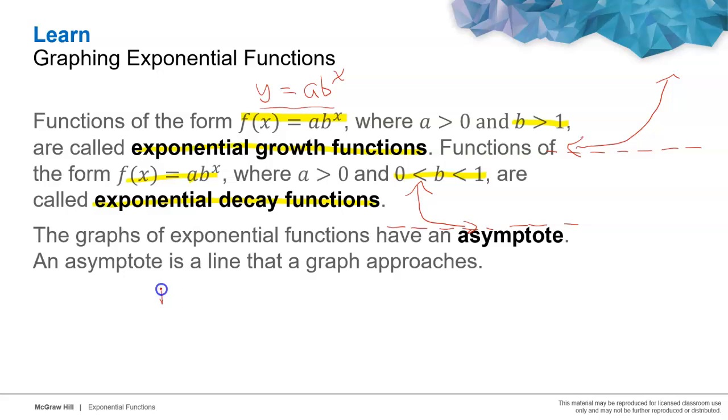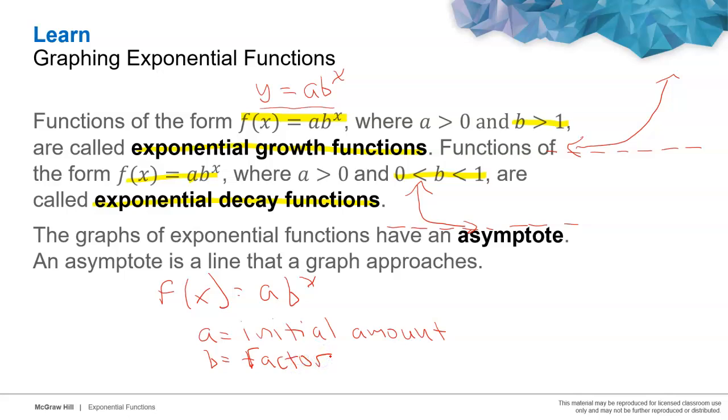But when we have this function, f of x is equal to a times b to the power of x, what does a represent? A is always going to be the initial amount. What are you starting with? B is going to be the factor that we are multiplying by.